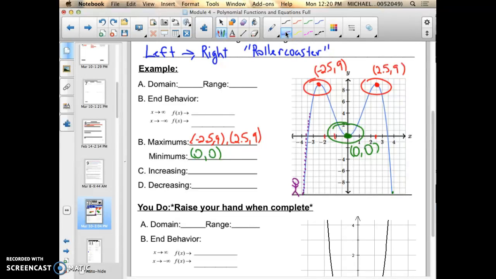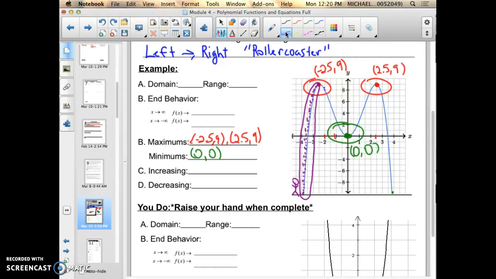So this is technically an interval of increasing because we're increasing in height. And they go up, up, up, up, all the way to this maximum point, and then it's a turning point. It turns from going up to going down, right there. So my first interval of increasing is this entire line segment.